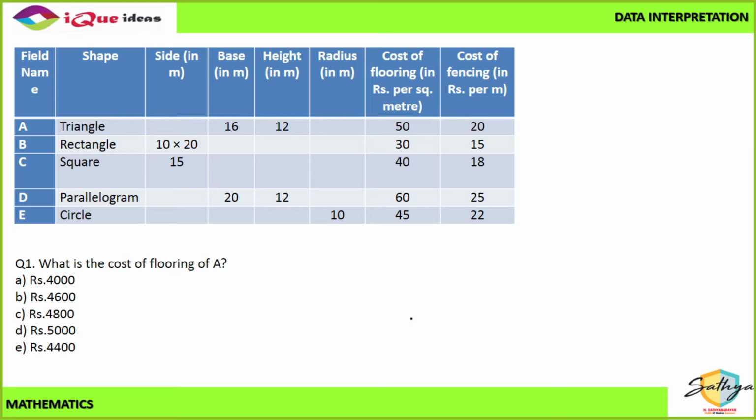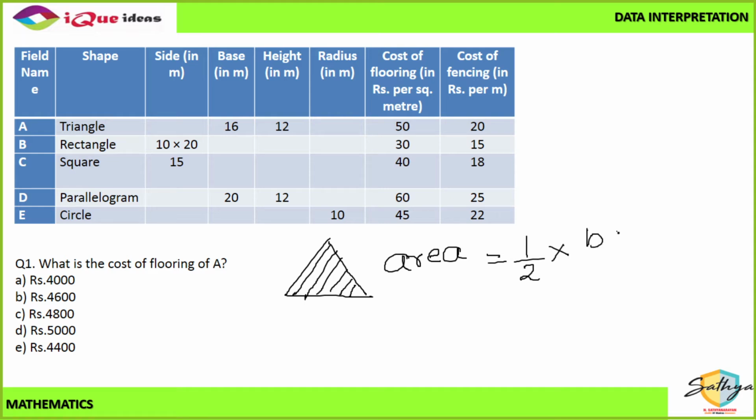Easy. So shape A is a triangle. If I want to find out how much it will cost to completely floor it, then I need to calculate the area of this floor. For a triangle, the area is given by half multiplied by base multiplied by height. So in this case, half multiplied by base, which is 16, multiplied by height, which is 12. When I do half multiplied by 16 multiplied by 12, how much do I get?